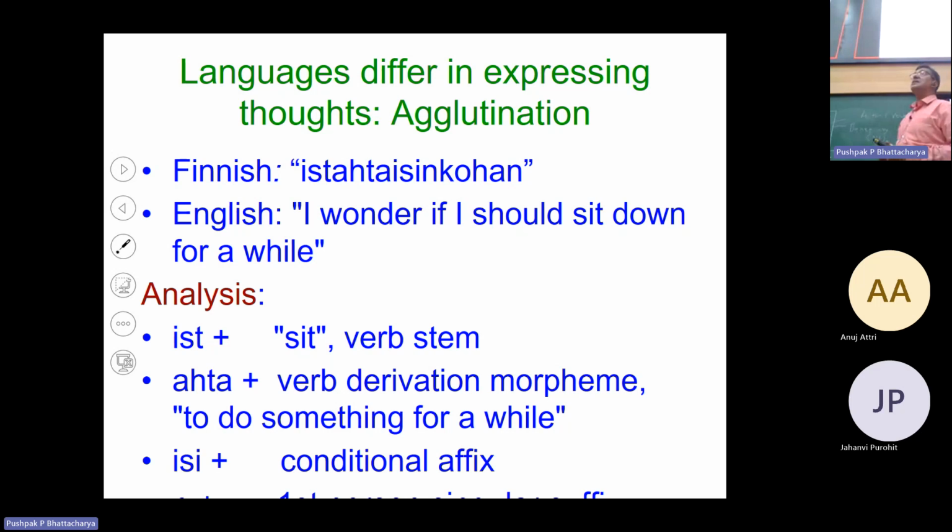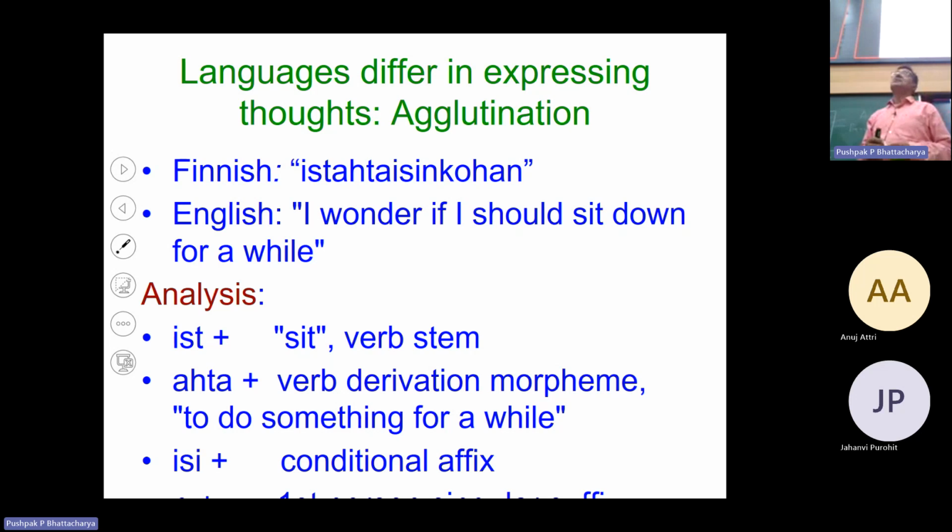So this Finnish sentence gives rise to, I wonder if I should sit down for a while. And sit is the main entity here. The stage is sit. No. Which is the main verb in this sentence? I wonder if I should sit down for a while. Wonder. It is wonder. Okay.